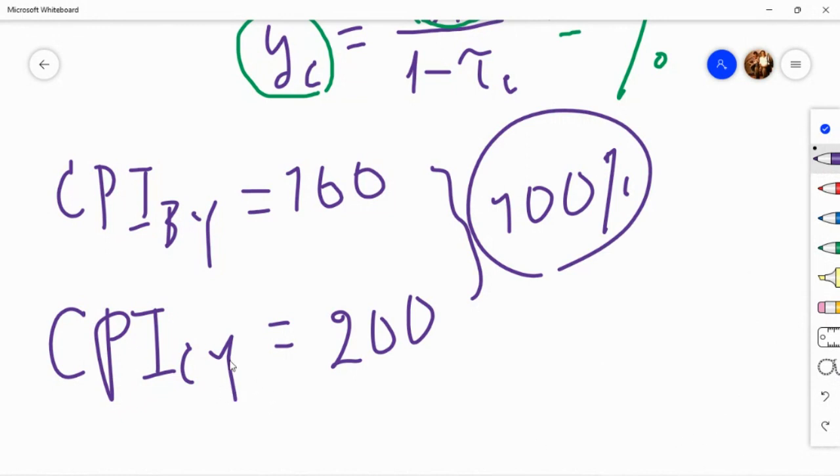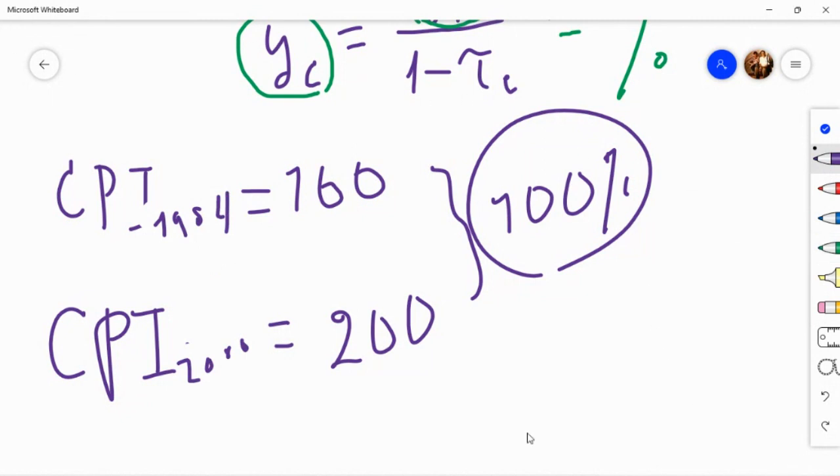So let's say, if the base year is 1984, that's 100. Let's say CPI of year 2000 is like that.